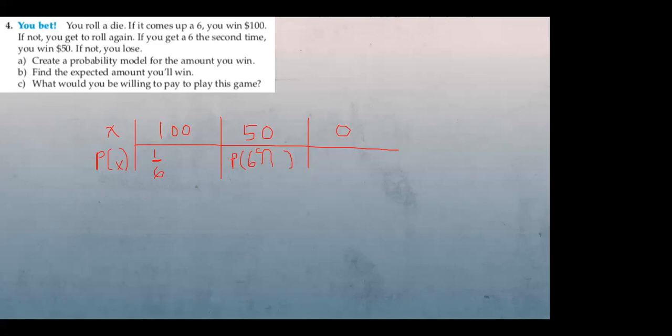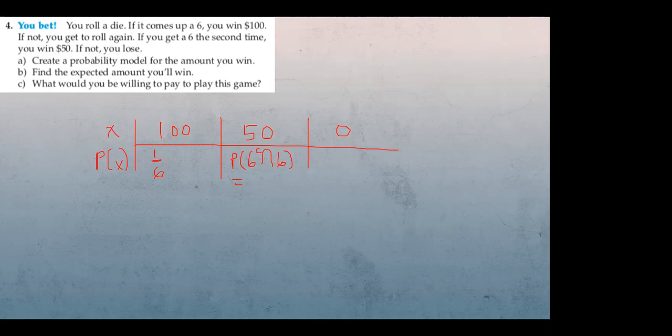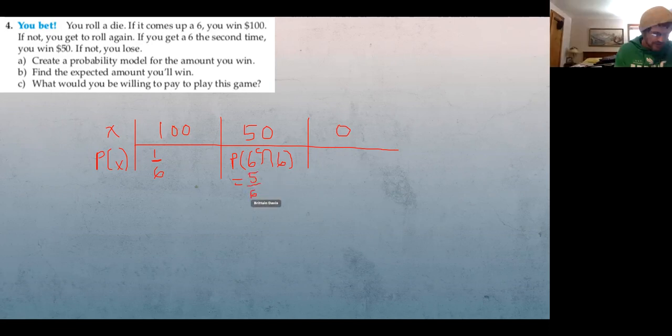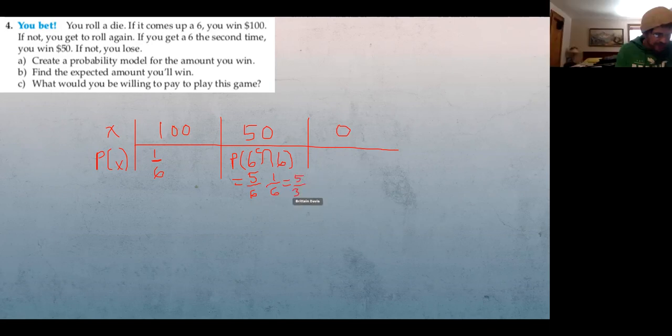So if I'm going to find that probability, what am I multiplying together? 5/6 times 1/6. That's going to be 5/36. Again, we'll convert this in a minute into decimals. Decimals are easier to work with, though you can plug this into your calculator just like this.